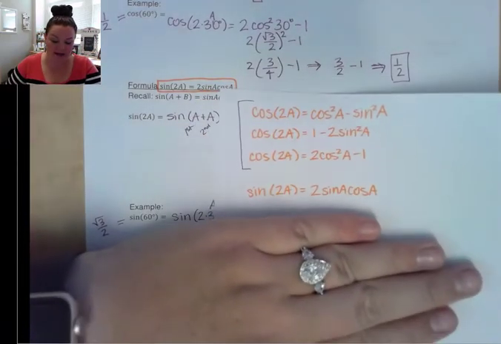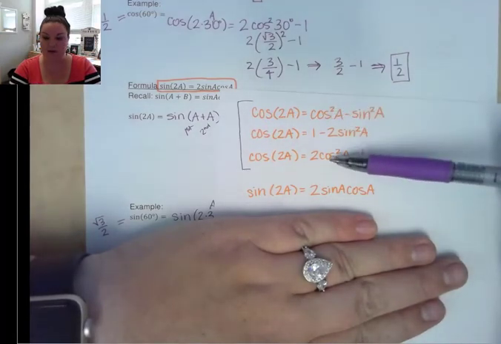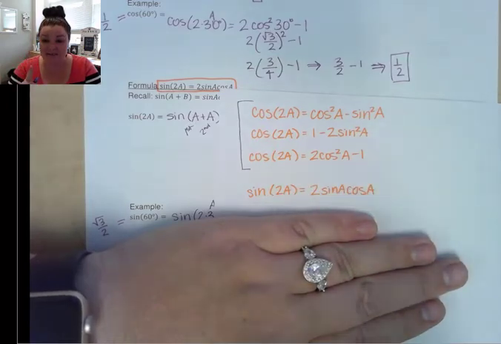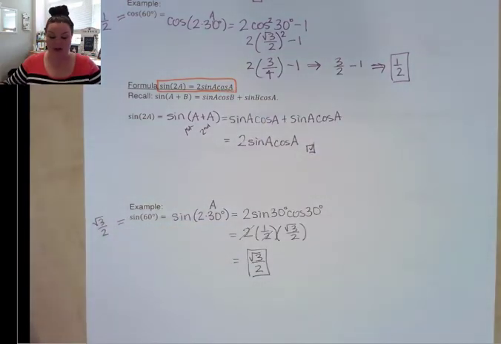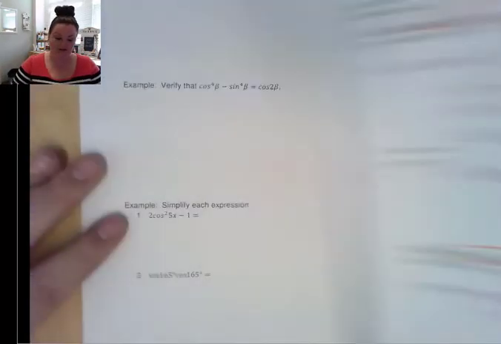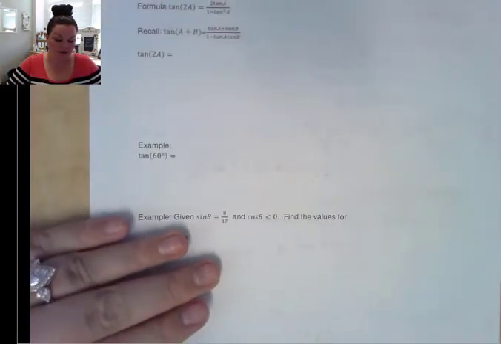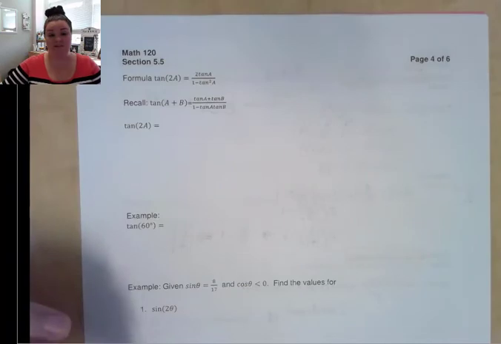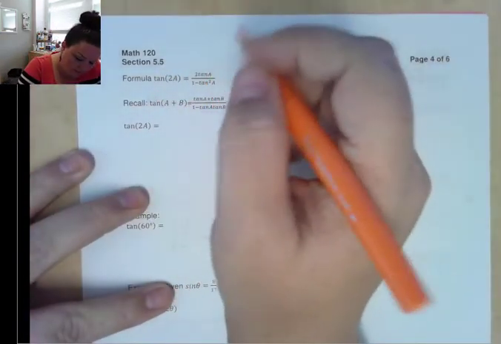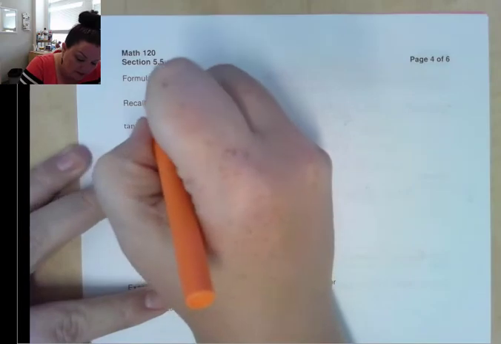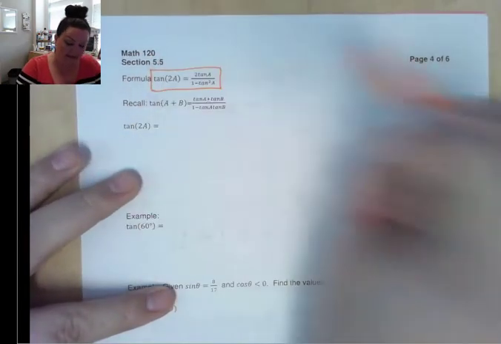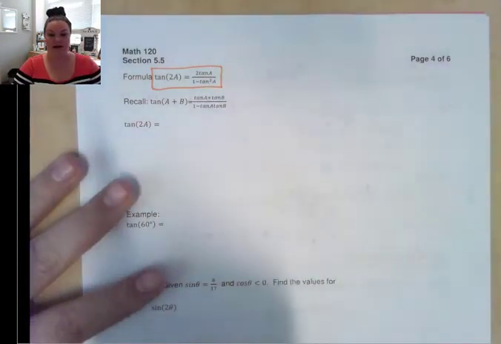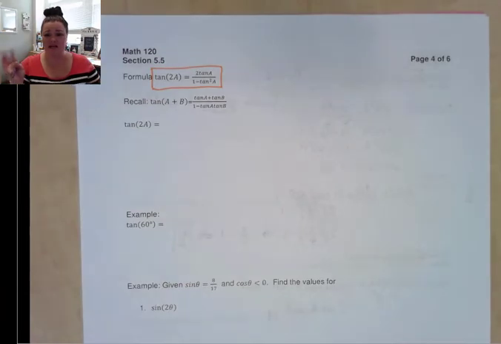Okay, so now we have our 3 cosine formulas that we've come up with, and now we have a double angle formula for sine. So the last formula we want to come up with is a double angle formula for tangent. Okay, so if we look on the top of the next page, we want to come up with this formula that says that tangent of 2A is equal to 2 tangent A over 1 minus tangent squared A. And we're going to solve this one the same way we did the sine and the cosine ones, right?